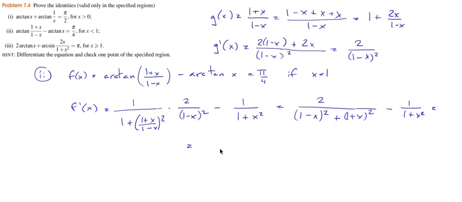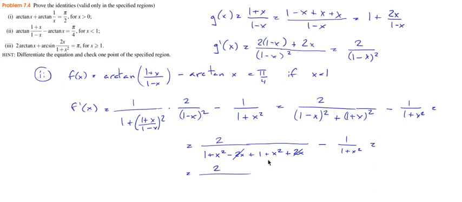Now let's see, we have to expand this product, right? So we have 1 plus x squared, minus 2x plus 1 plus x squared plus 2x, and so minus 2x and plus 2x get cancelled out, and you get 2 divided by 2 that multiplies 1 plus x squared, right?